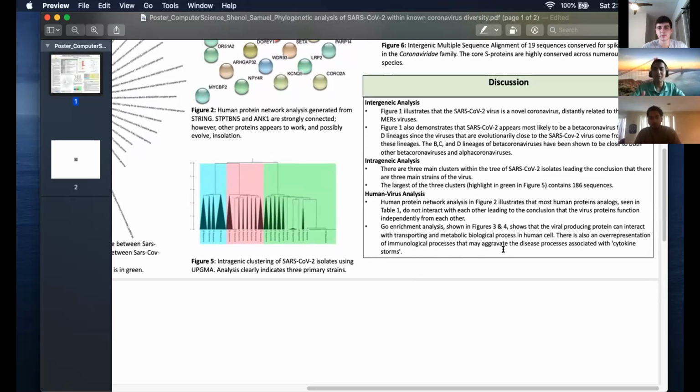So when you hear in the news people talking about how coronavirus causes your immune system to act up, and the cytokine storm, which often does more damage than the virus itself, our results seem to indicate that as well, where you're getting that cytokine storm with these proteins that are similar to the virus proteins.